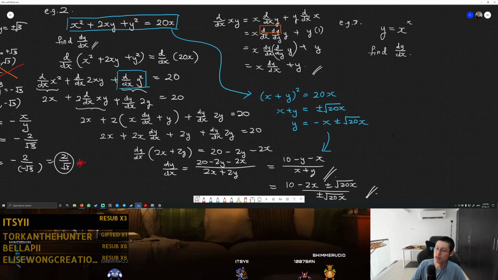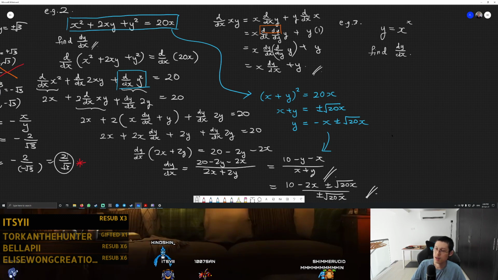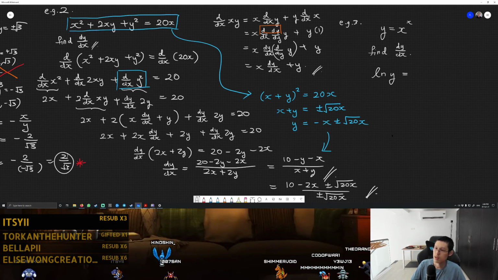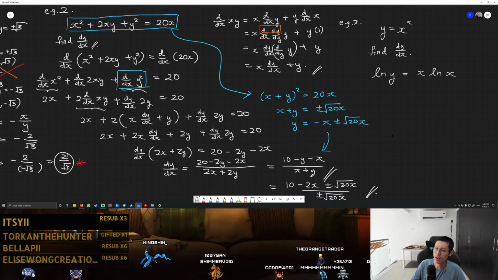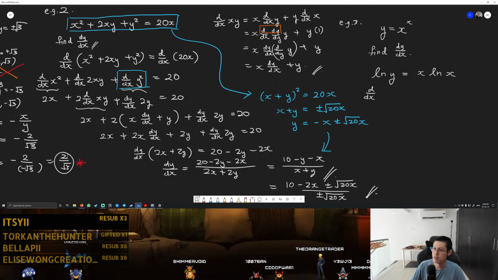You haven't actually done differentiation like this. However, you can actually solve this because all you need is implicit differentiation. But first, you need to take logs on both sides. So you're going to get ln y equals x ln x, okay? And now you want to differentiate both sides with respect to x.